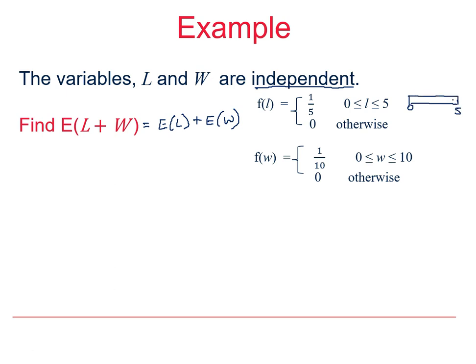It's a continuous uniform distribution here. The mean quite clearly by symmetry is going to be 2.5.